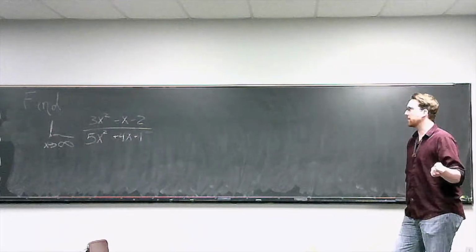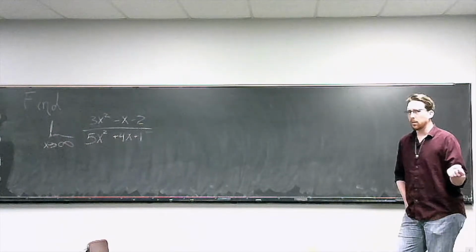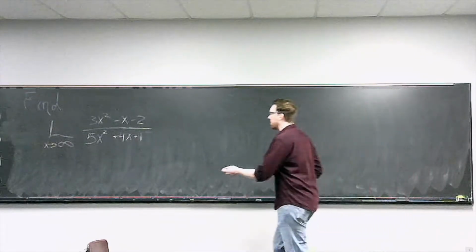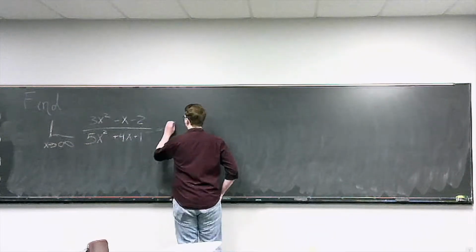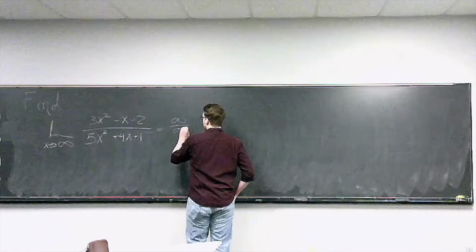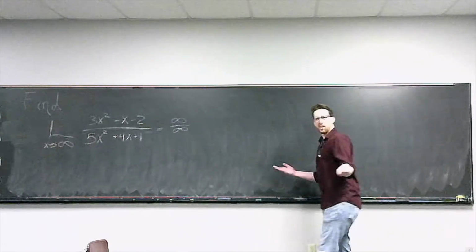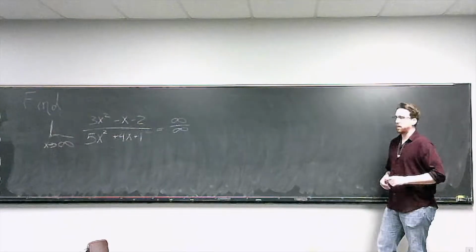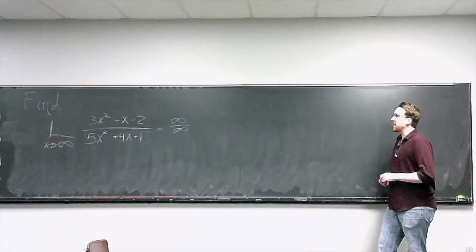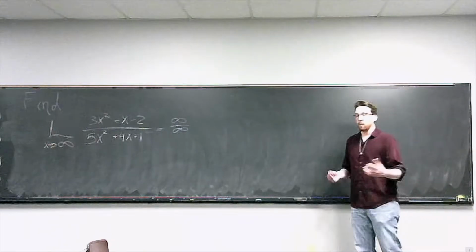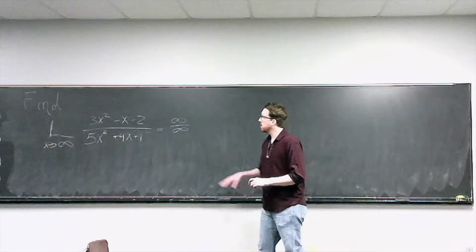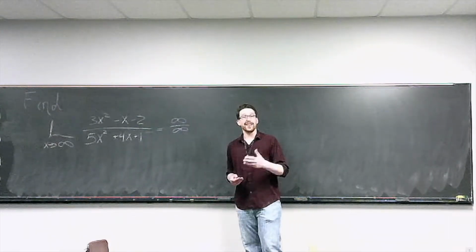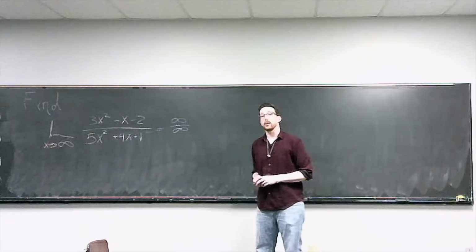The denominator doesn't go to 0. So couldn't we just apply that limit directly to get infinity over infinity? Seems logical, right? Unfortunately, no. Infinity over infinity is what's called an indeterminate form. And when you see it, it means there's some more massaging in the algebra that needs to be done before you can actually solve the problem.